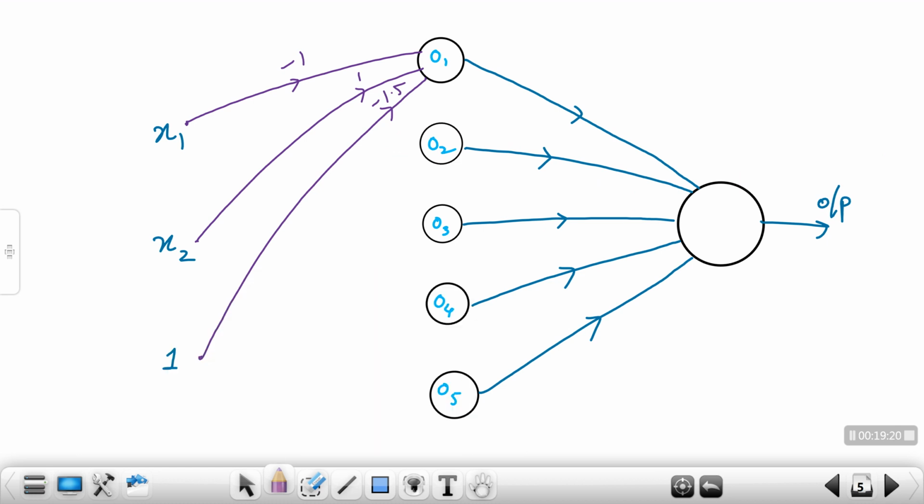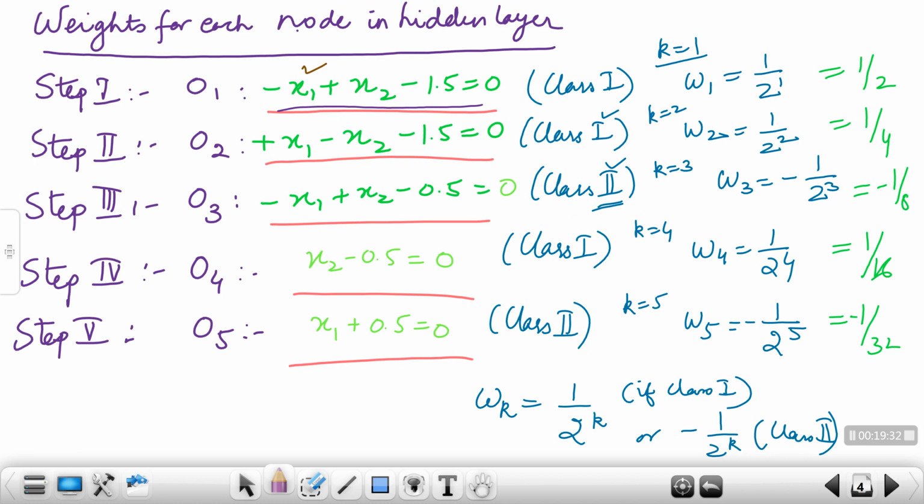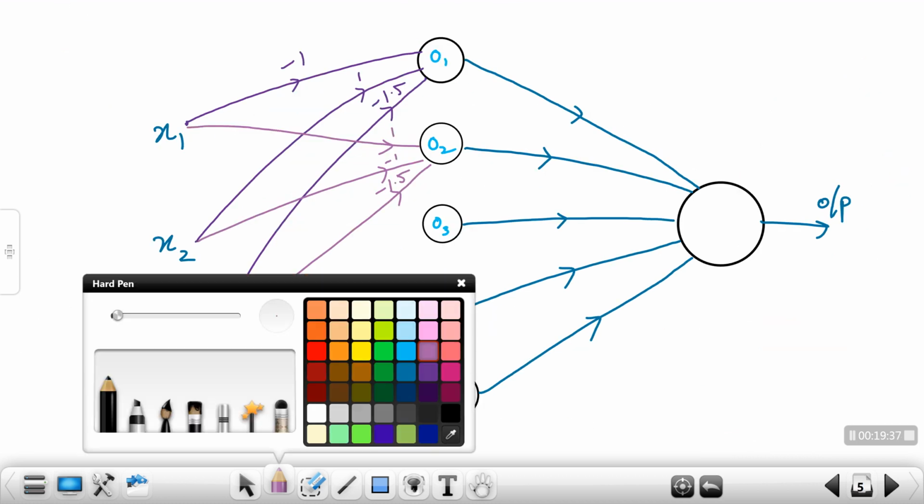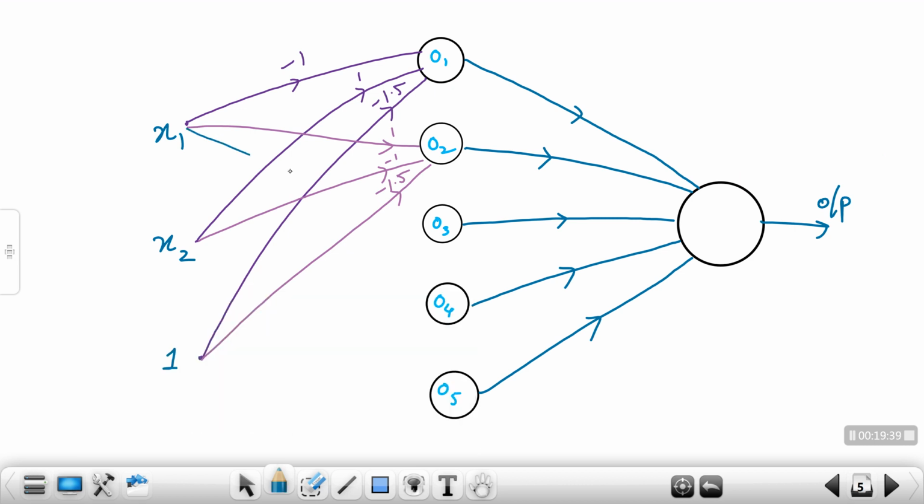This is plus x1 minus x2, and this is minus 1.5. The third node is minus x1 plus x2 minus 0.5. So minus x1 plus x2 and minus 0.5.